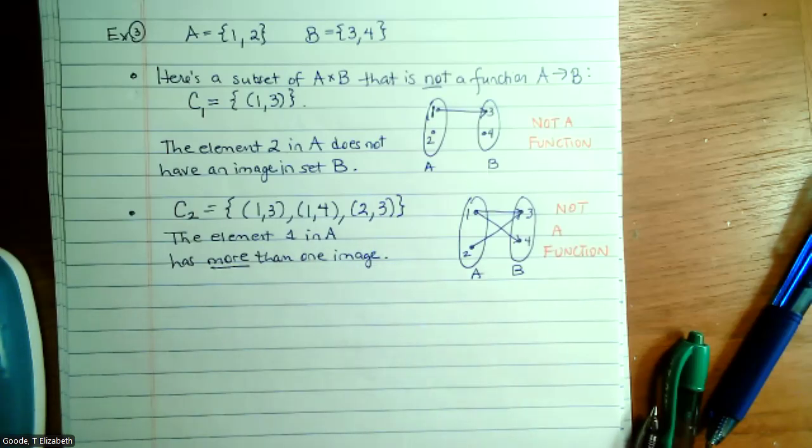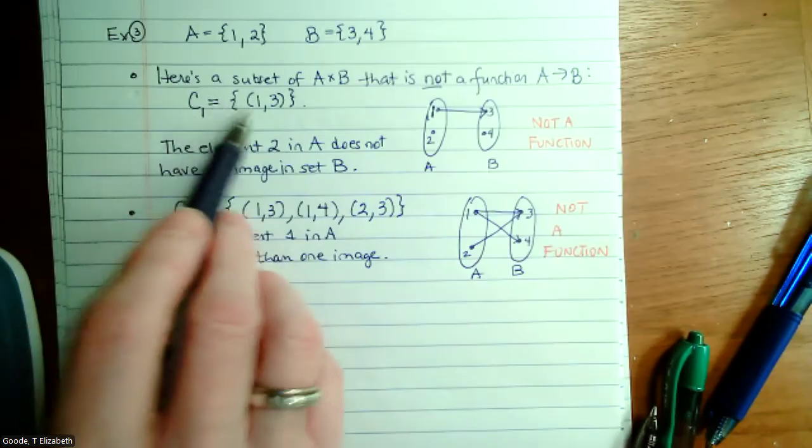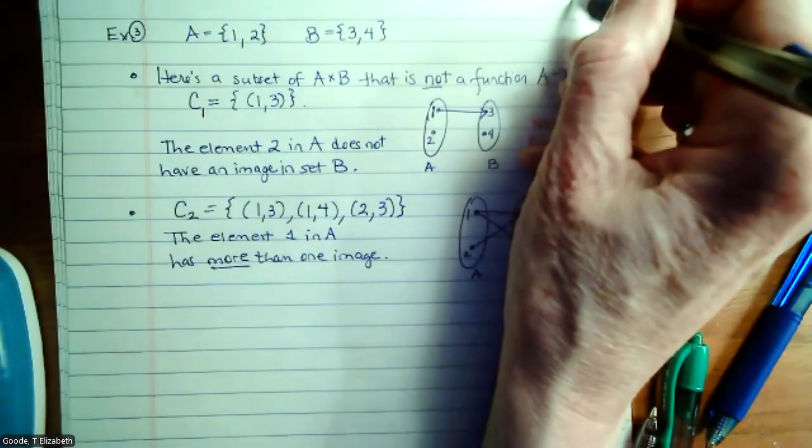And that's no good. Those are the 2 fundamental ways that a subset of A cross B can fail to be a function. They are both subsets of A cross B, but they're not functions. That's really interesting. Yeah, it's nice when we can see a picture.